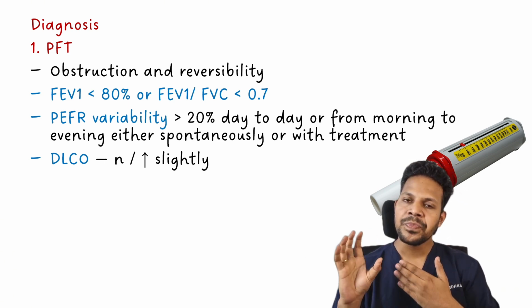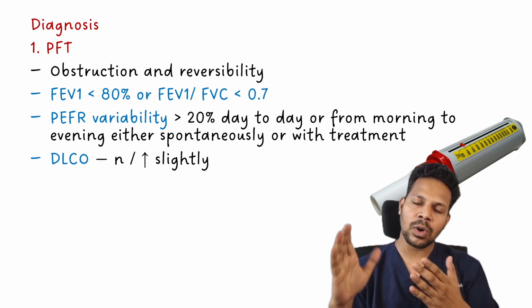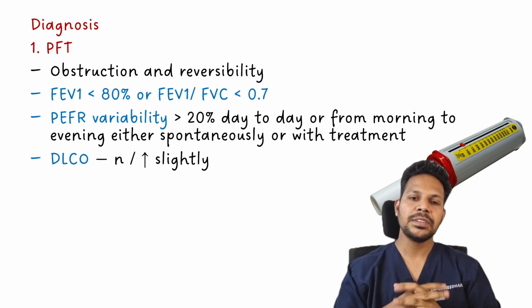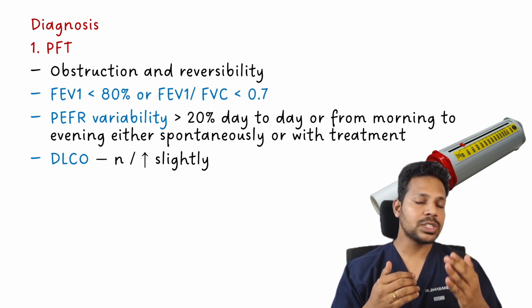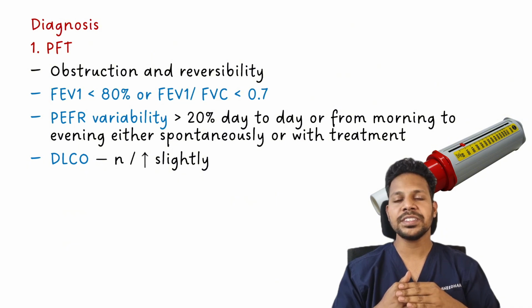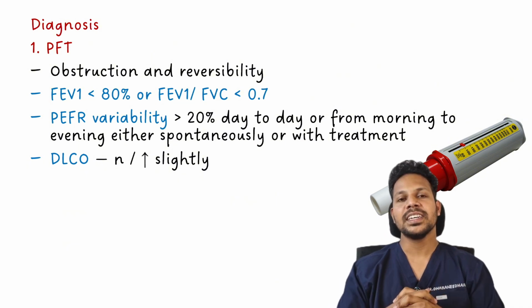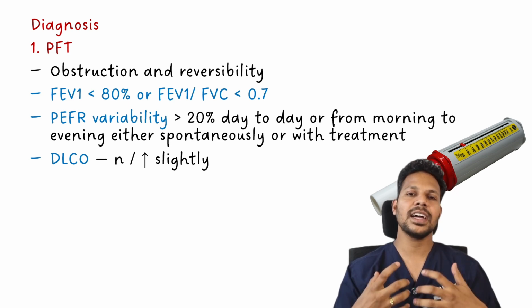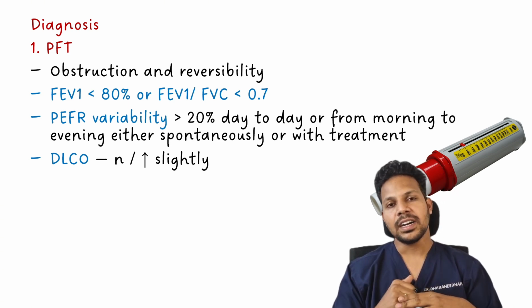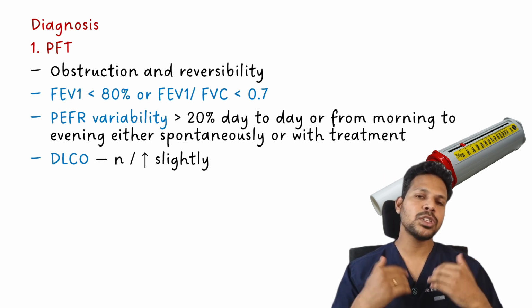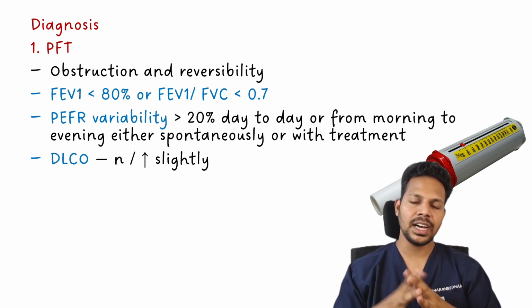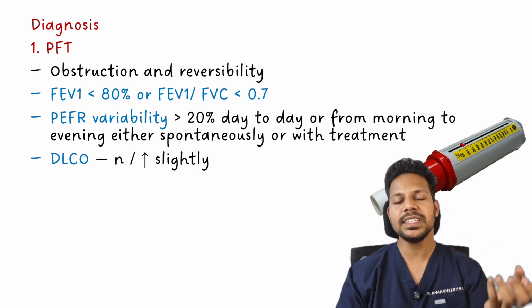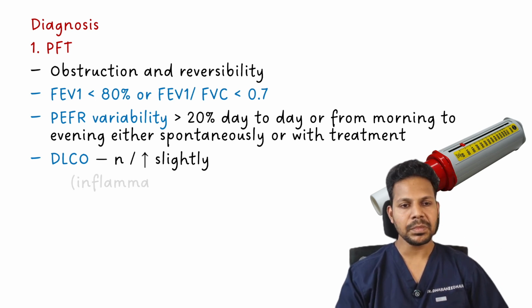So here the alveolar barrier or the perfusion barrier is normal, and hence the DLCO is also normal. Sometimes it is also increased because chronic inflammation can also increase the vascularity inside the lungs, which may increase the lung capacity for absorption of carbon monoxide and other gases as well. So DLCO is normal or slightly elevated in these patients.